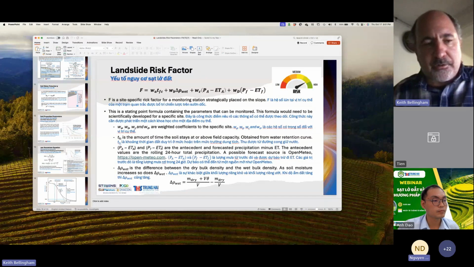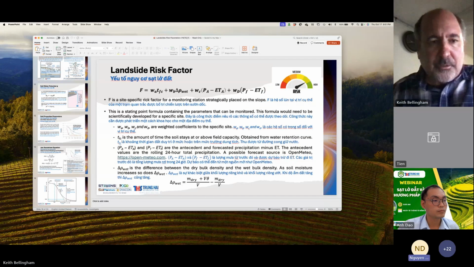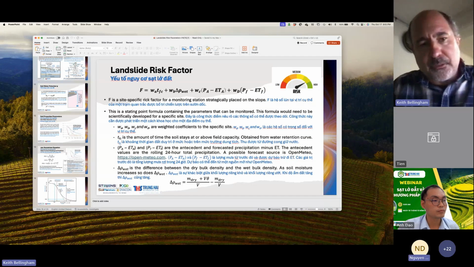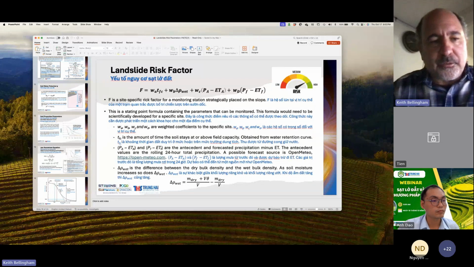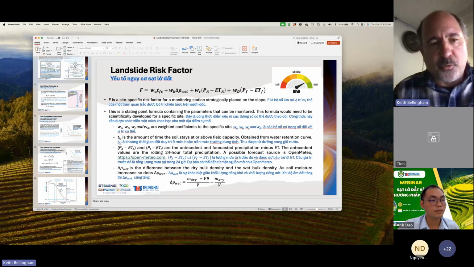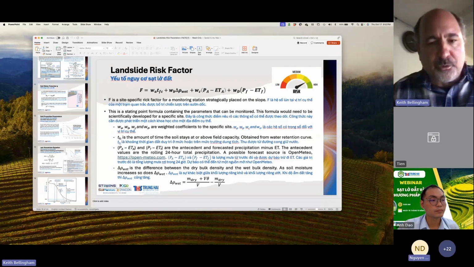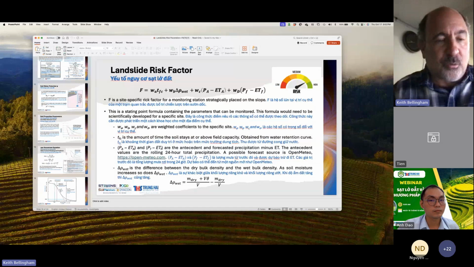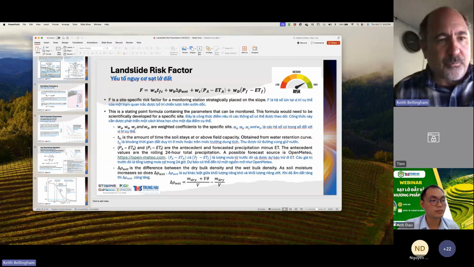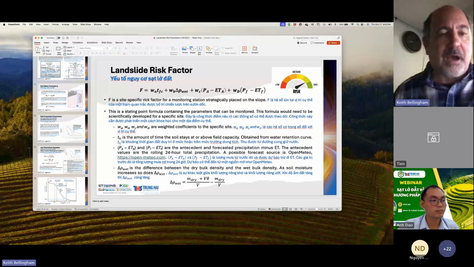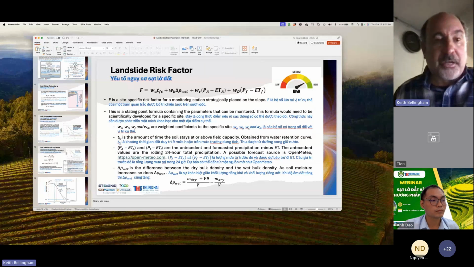One such software is called Hydrus, where if you put the precipitation forecast into the model, as well as the soil water retention curve, you can predict what the soil moisture is going to be from a future rain event. Therefore, you can model and predict into the future the amount of time the soil stays above field capacity. So that can be predicted.